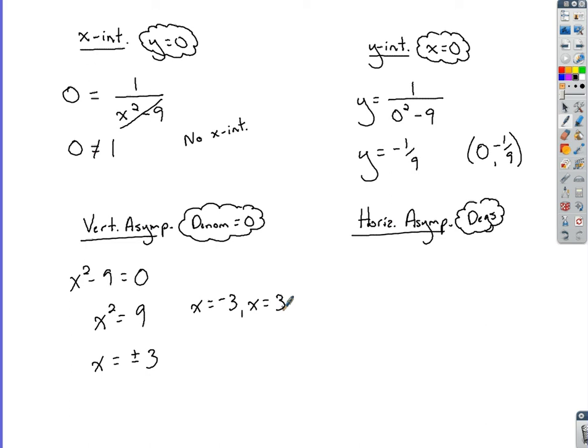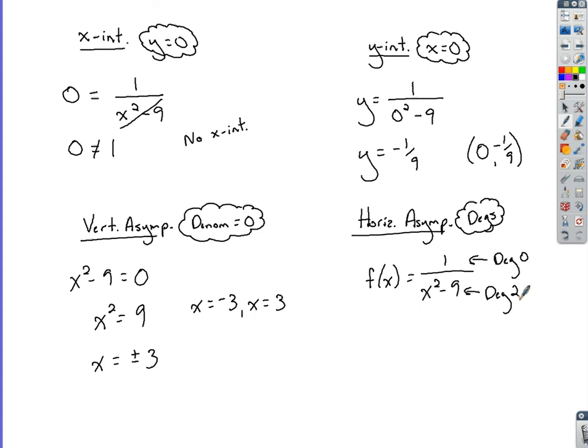Finally, the horizontal asymptote. Last key piece of information we need to find. For a horizontal asymptote, you compare the degrees in the numerator and denominator. In the numerator, looking at that degree, you're looking at the highest power of x. There's no x, so degree is 0. Looking in the denominator, highest power of x is 2.